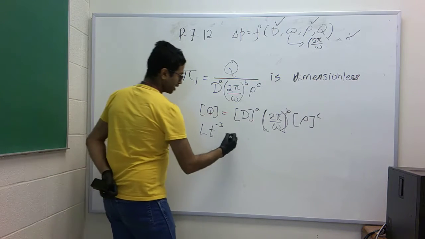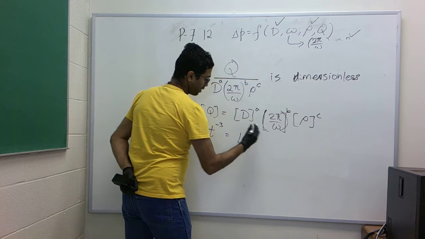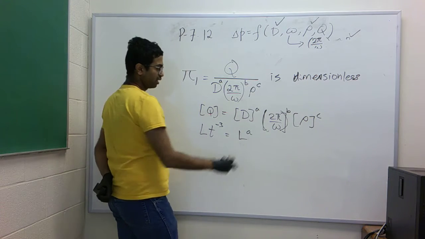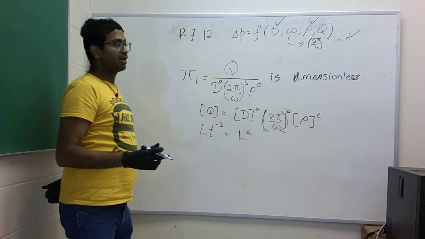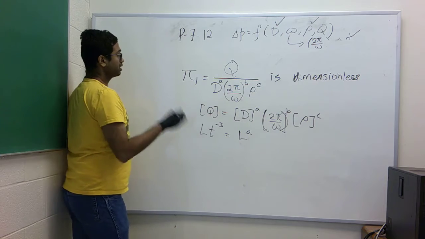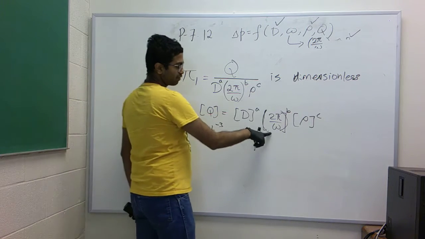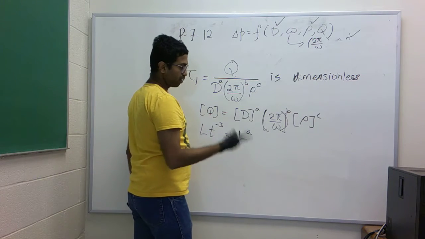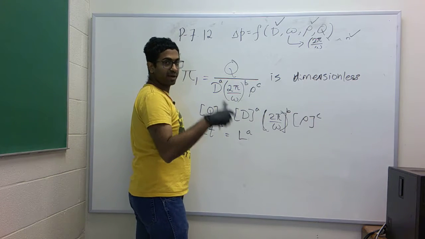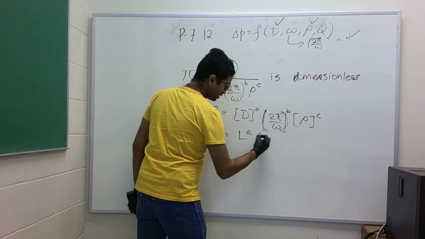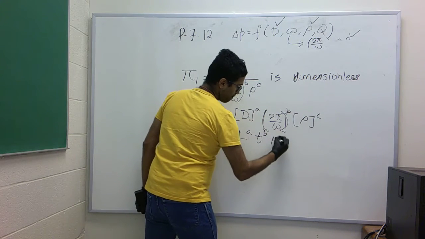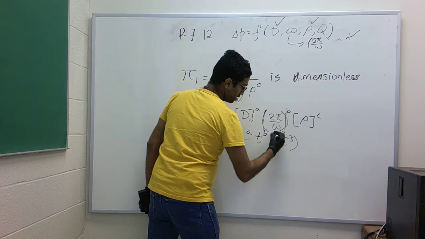Okay, that is equal to length power A for D. 2 pi over omega has dimensions of time. Omega itself has dimensions of radians per second. 2 pi radians divided by radians per second gives me seconds. So I have T power B, and then this is M L to the minus 3 power C.